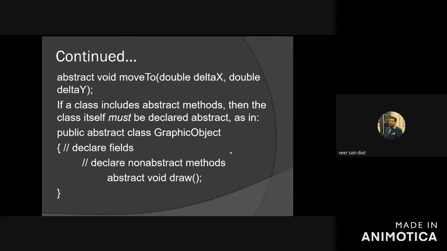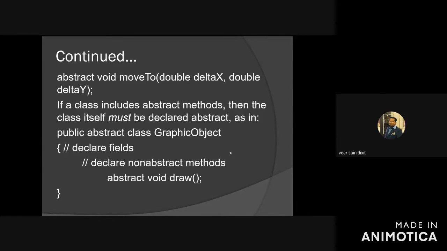So this is a declaration of the method move, whose return type is void, which means it's not returning any value. And if this is an abstract method, then you prefix the keyword abstract to this method. Now, this method is an abstract method by prefixing the abstract keyword.